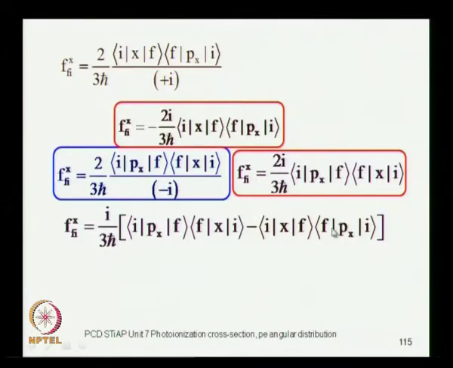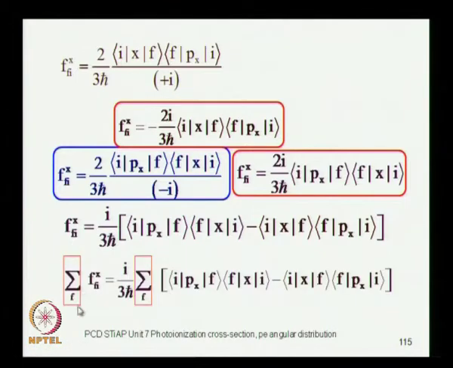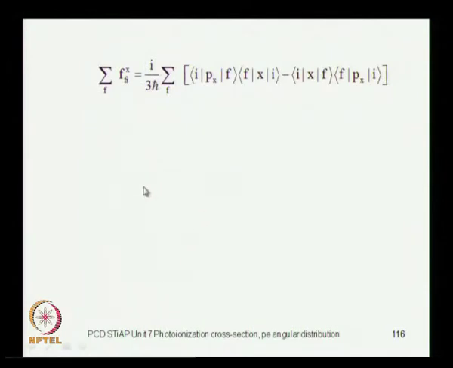So you get this 1/3, and this is the sum of these two terms, and this allows us to, this is the matrix element corresponding to a transition from I to F, but now I can sum over all the final states. So carry out a summation over all the final states, and this is a summation over all the final states on the left hand side, also on the right hand side, and what you have on the right hand side, when you carry out a summation over all the final states, you get the unit operator over here, that is the resolution of unity.